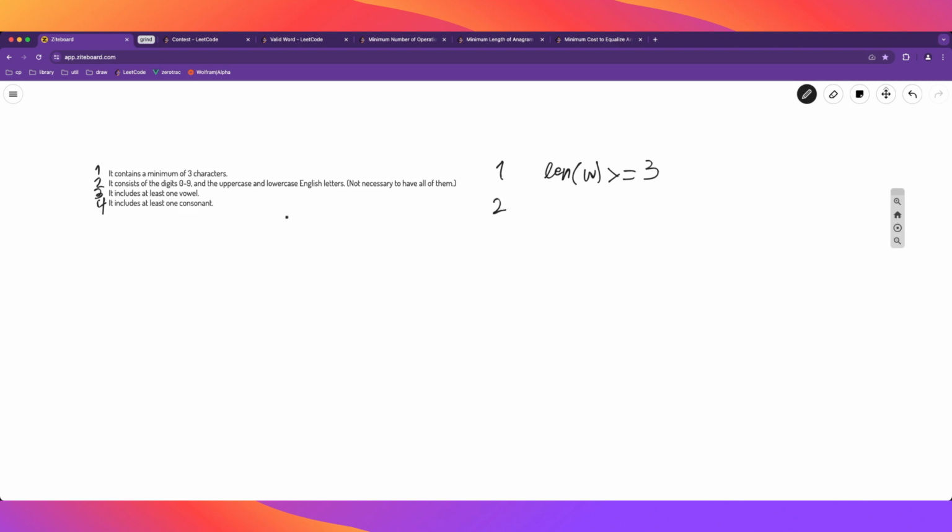So that in Python can be written. The character must be alpha, is alpha, which means that it's an uppercase or a lowercase English letter.